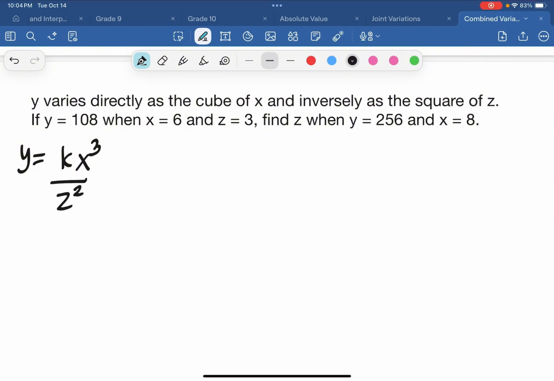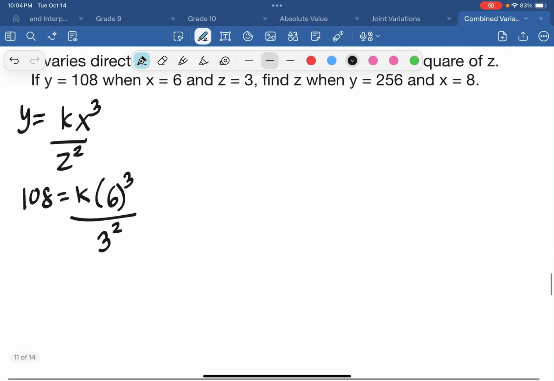Now y is 108 equals k, x is 6, so 6 cubed over z is 3, so 3 squared. Yeah, that's it. Now this time we have 108 is equal to k.